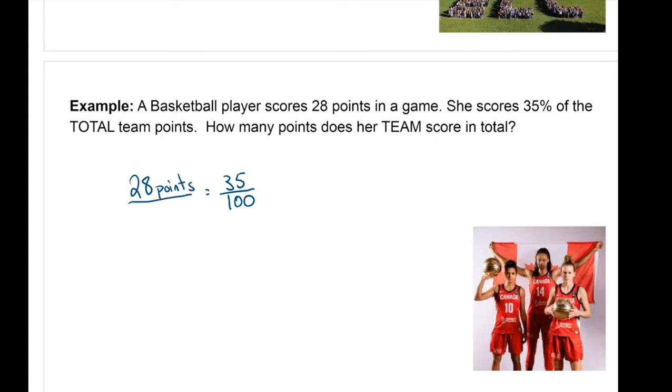Her 28 points out of an unknown total would have to be equivalent to 35 over 100. So if I know how to go from 35 to 28, I can then use that same value to go from 100 to my unknown.